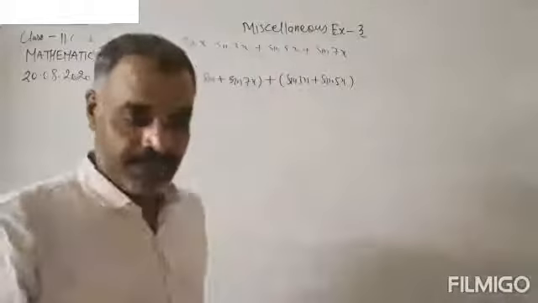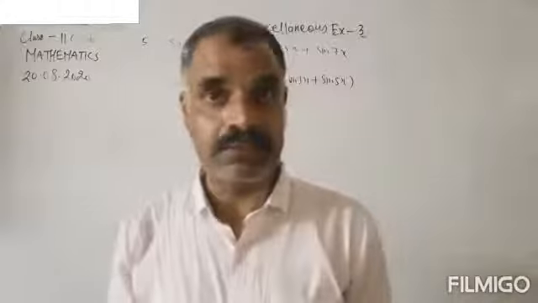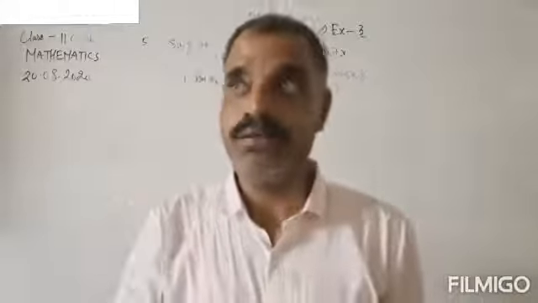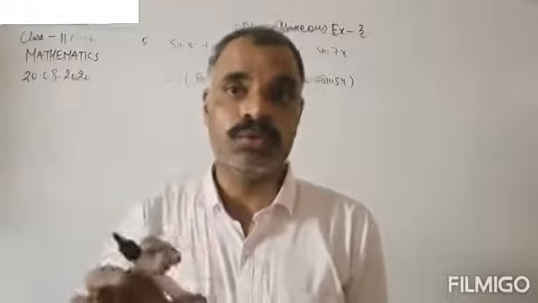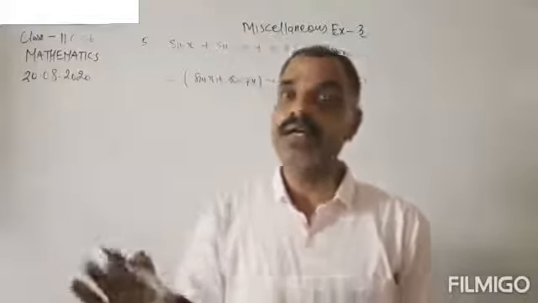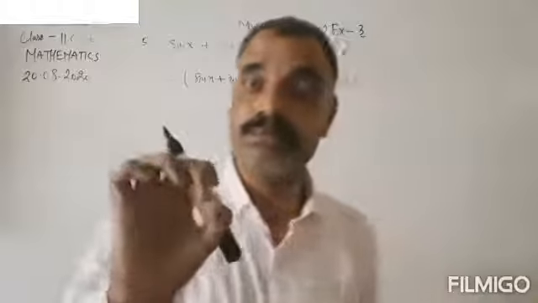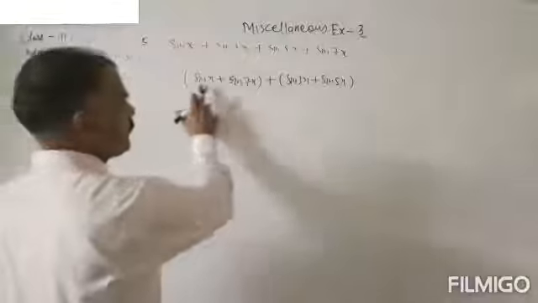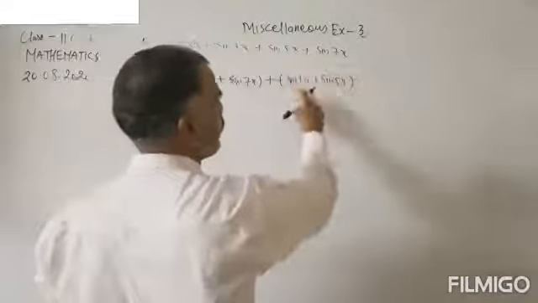You can make the best combination if you have a lot of practice, or you are well acquainted with the trigonometric identities. When you know the identities very well, then you can make the best combinations. So this is the best combination, sin x plus sin 7x and sin 3x plus sin 5x.